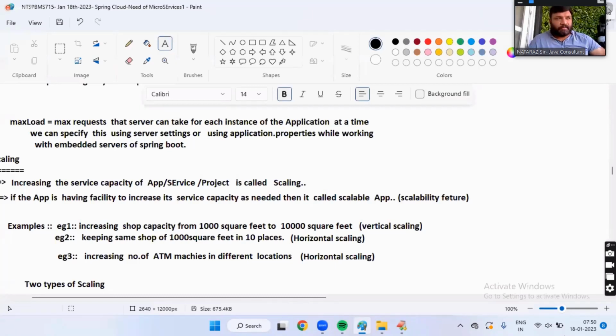Always remember one thing. In companies, technical people's count increases in horizontal scaling, and non-technical people's count increases in vertical scaling. Accountant, security, all these are common for all projects, all units, so they will be increased vertically.